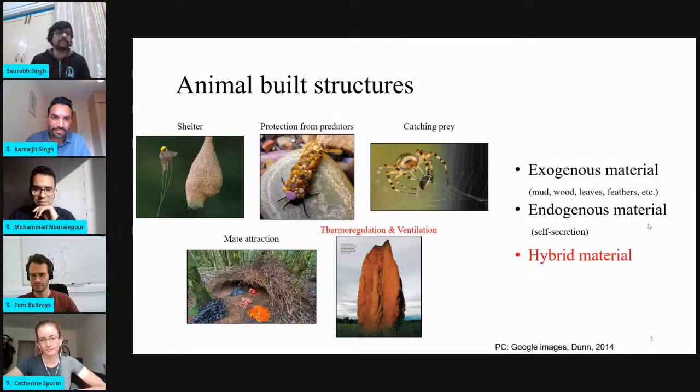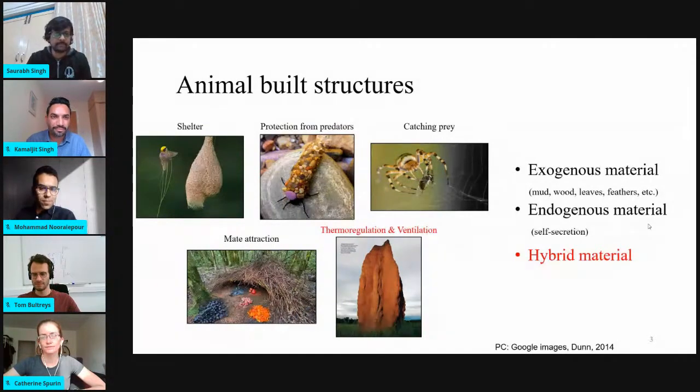Exogenous material is the material which comes from outside of the species, that is collected material such as mud, wood, leaves, and feathers. Endogenous material is the self-secretion from the insect or from the animal, and the hybrid material, as I told you, is the combination of the two.